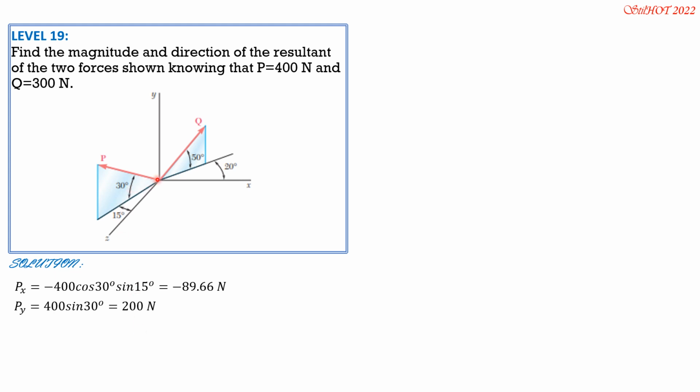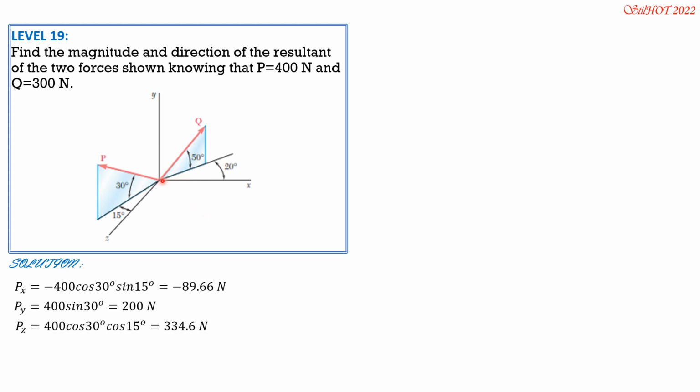Then Pz is directed along this axis here. This is 400 cosine 30, then adjacent to 15, times cosine of 15 further. So Pz is 400 cosine of 30 times cosine of 15, so 334.6.